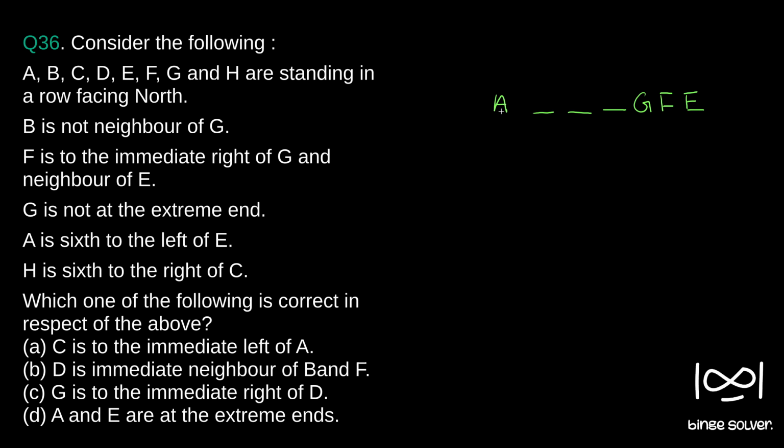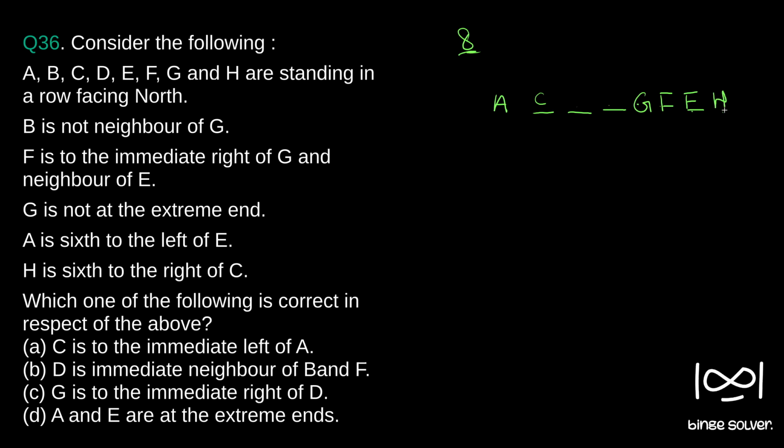So if you see, if C was somewhere here, 6 to the right means 1, 2. So totally how many people are filled already? There are totally 1, 2, 3, 4, 5, 6, 7, 8 people. Out of 8 people, 7 are already filled. So if C was here, say C was here, then H would be where? 1, 2, 3, 4, 5, 6.